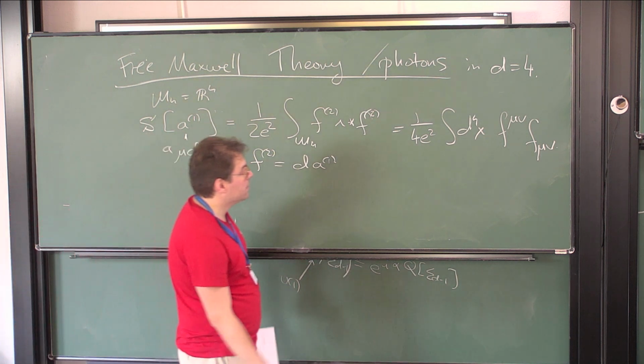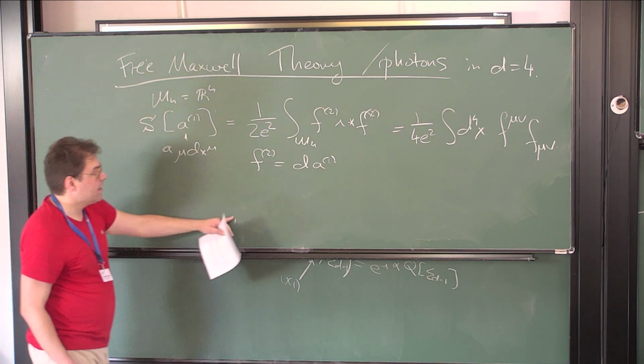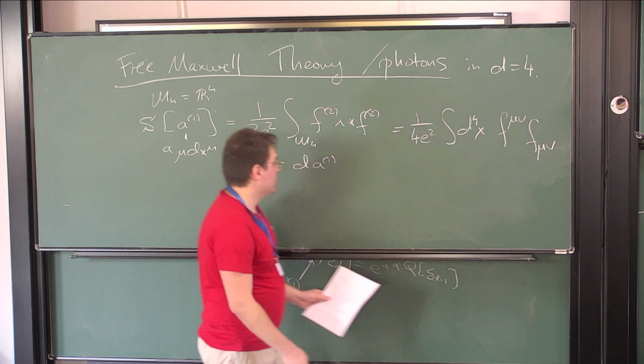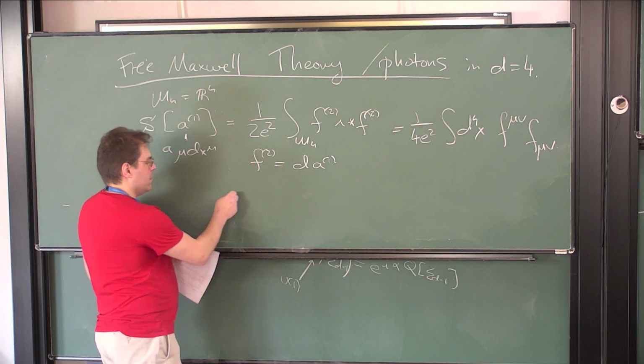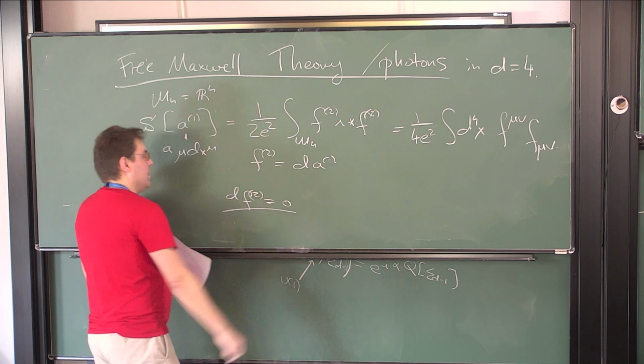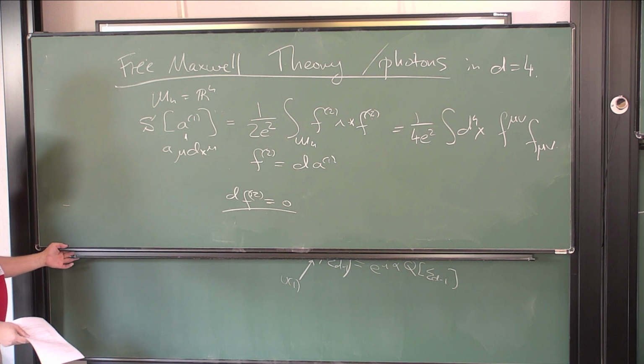All right. One of the most obvious ways to see that Maxwell theory has something to do with higher form symmetries is to remember that dF has to be 0 by the usual Poincare lemma, because F is dA, and so d squared is 0.